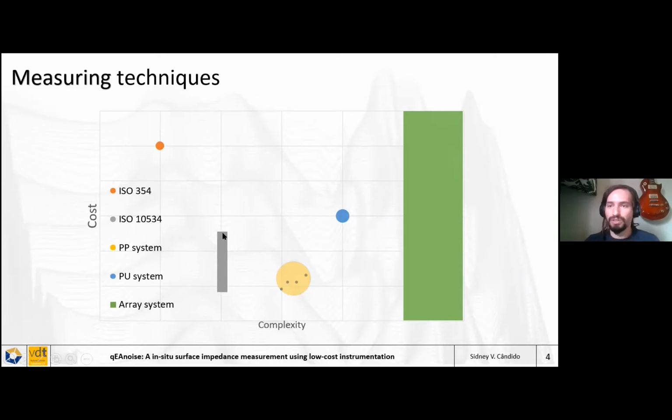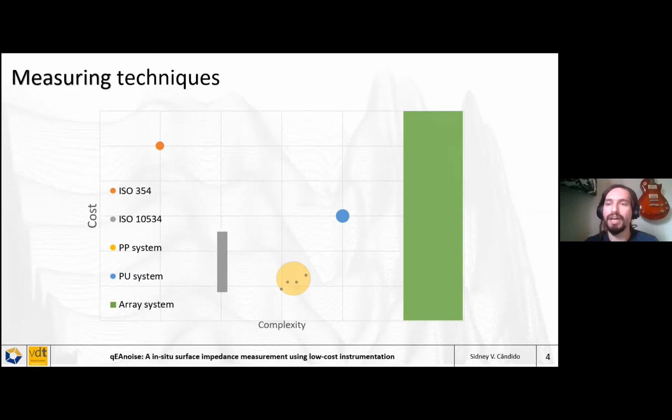It can be more costly if you are going, like he presented here, to measure at the lower frequencies, but it can be less costly if you use lower precision instrumentation. And that's why I put this group right here, the PP system. Why PP?